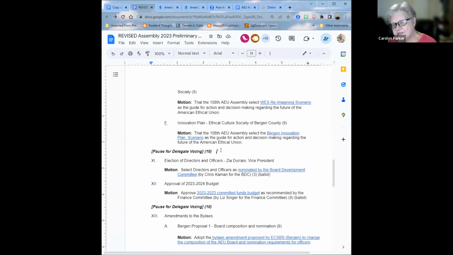There is some question if the West motion to implement the second assembly happens, it does have the ability to affect the postponement of the election of directors and officers, and also the approval of the budget, to delay it to a special assembly on September 23rd.